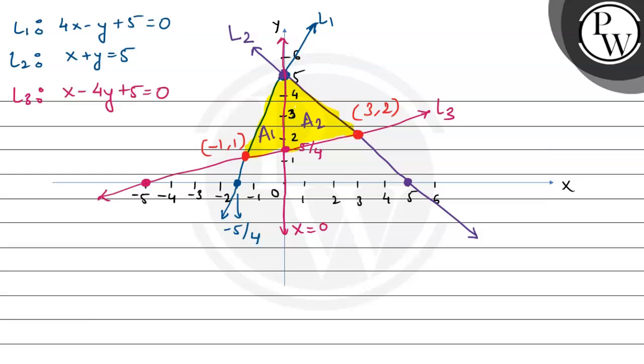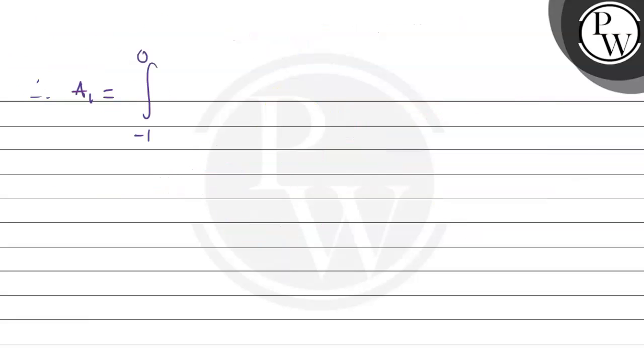Therefore area A1 will be equal to the integral from minus 1 to 0, where the upper boundary is line L1 with equation y equals 4x plus 5, and the lower boundary is line L3, which has equation y equals (x plus 5) divided by 4. So we have the integral of 4x plus 5 minus (x plus 5) by 4, times dx.